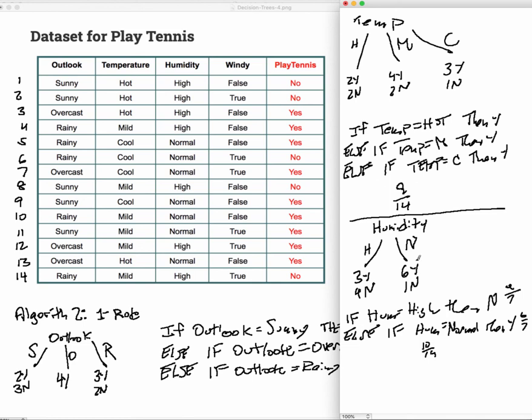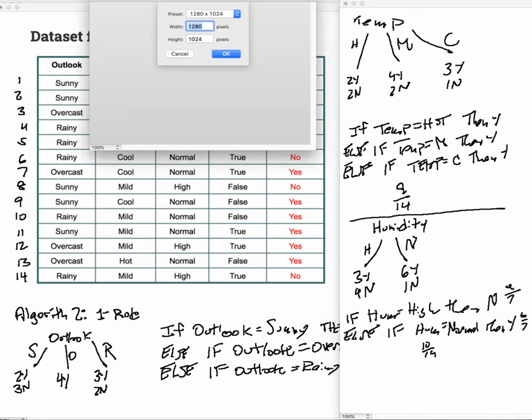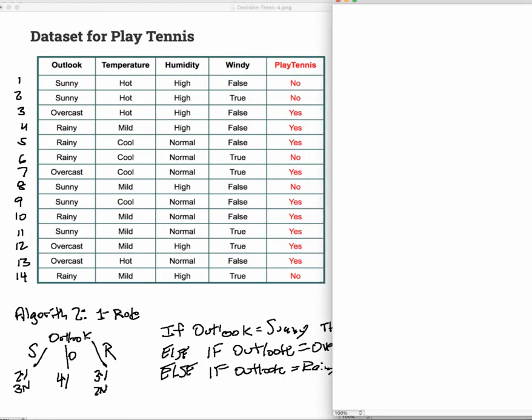And finally, we come over here and we do windy. Let me see how I can do this. I'll say OK. I'm going to come over here and put this over here. And we're going to say windy.